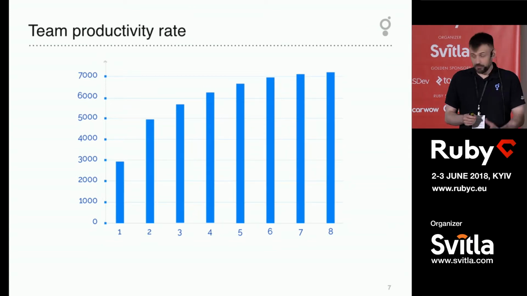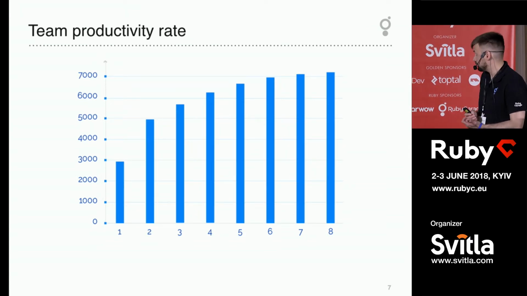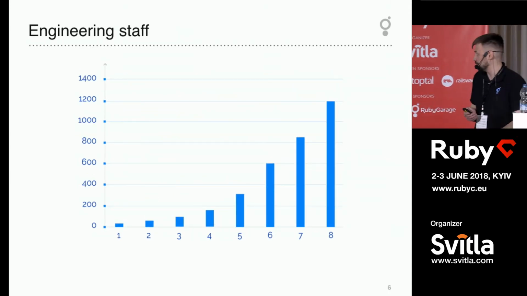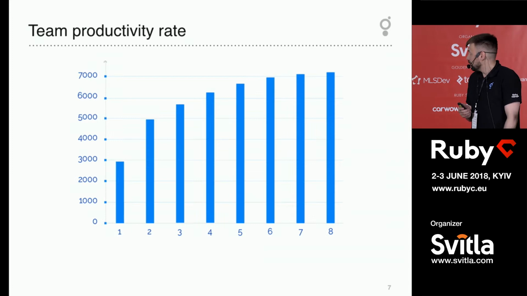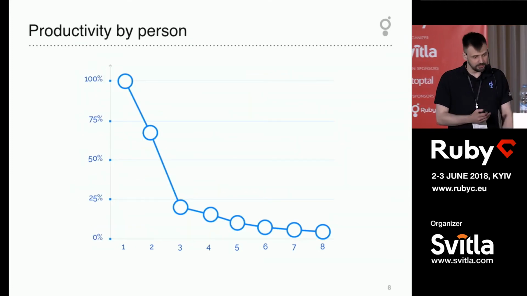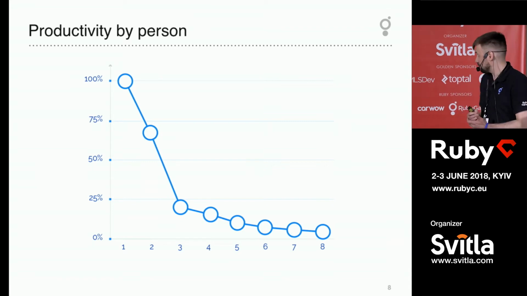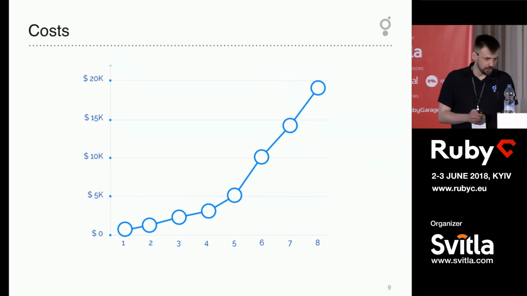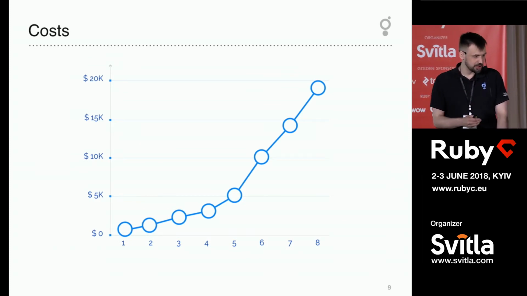Team productivity grows not as fast as the number of developers. Productivity per person goes down. The cost of development sprint by sprint just increases more and more.